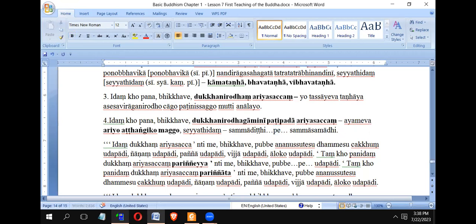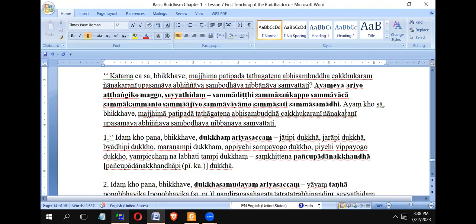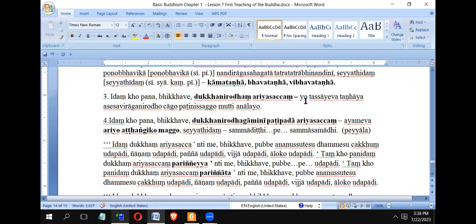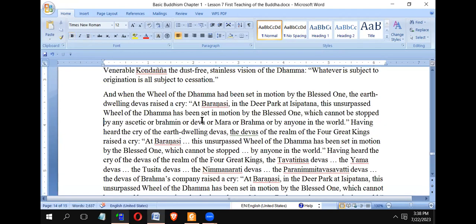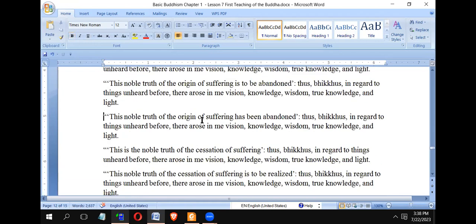Peyyala means it is not mentioned, because for this part we have to go to this one. You already know ayameva, the same thing. But why don't they mention it? It's only a few lines here. So this is called the Dukkha Nirodha Gamini Patipada Ariya Saccam.